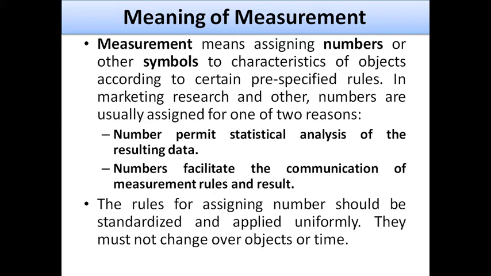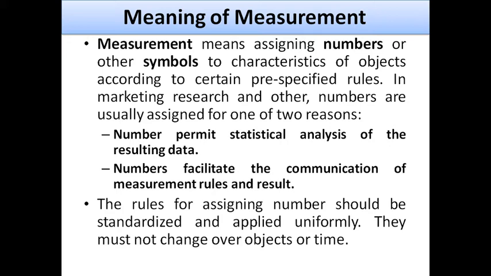In marketing research and other fields, numbers are usually assigned for one of two reasons. The reasons are: numbers permit statistical analysis of the resulting data. Now you know about statistical analysis. There are various statistical techniques, right, from central tendency, things like calculation of average, that is mean, median, mode, then dispersion, variation.